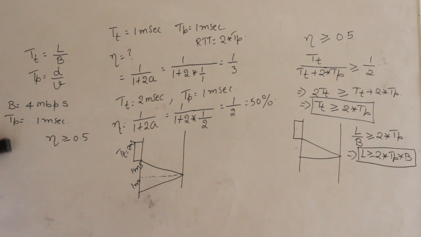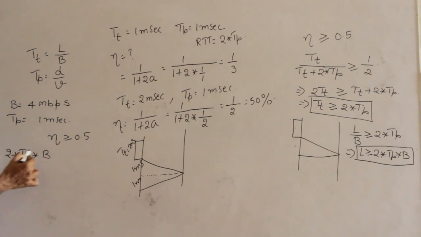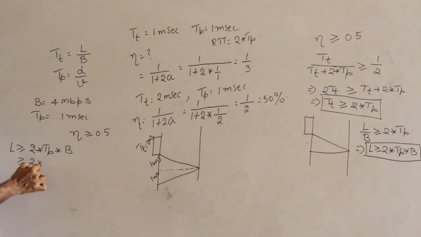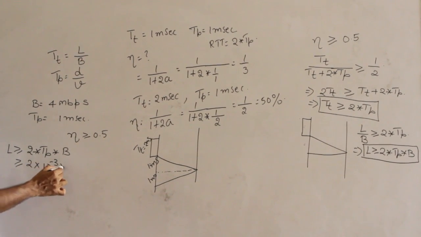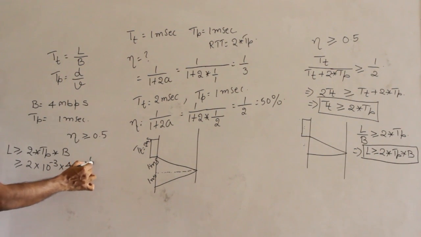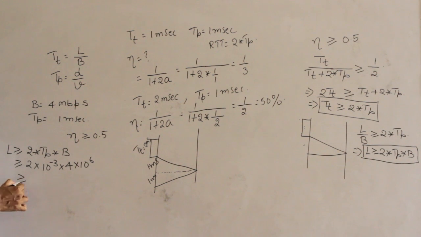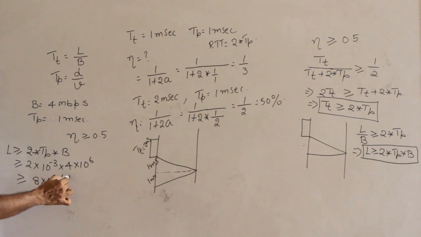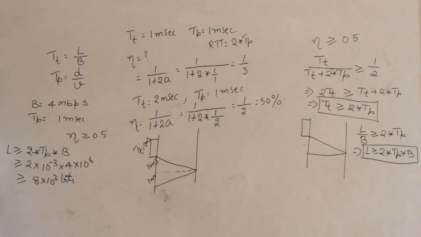Then the length of the packet has to be greater than or equal to 2 into TP into bandwidth. That implies, what is it? 2 into, what is TP? 10 power minus 3, into bandwidth is 4 Mbps. 4 Mbps means 10 power 6. So that implies it is greater than or equal to 8 into 10 power 3 bits, right? So the length of the packet should be at least 8000 bits so that we get the efficiency of 50%.